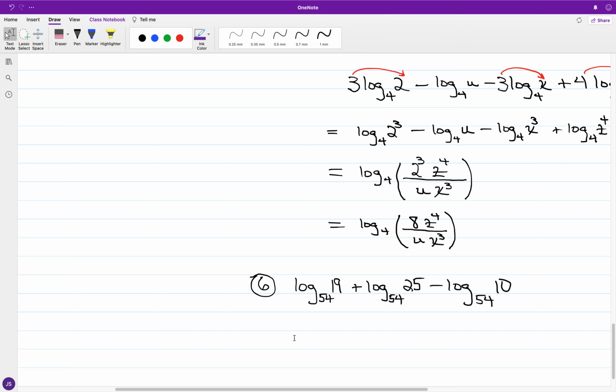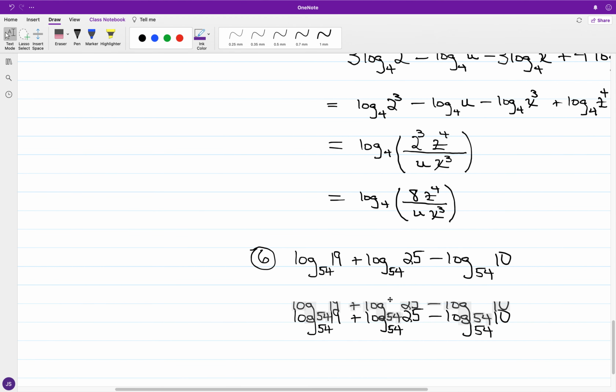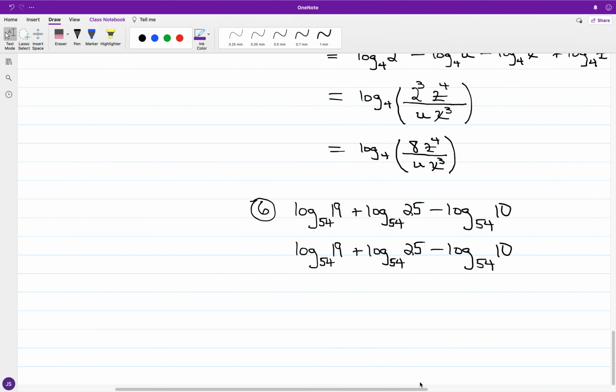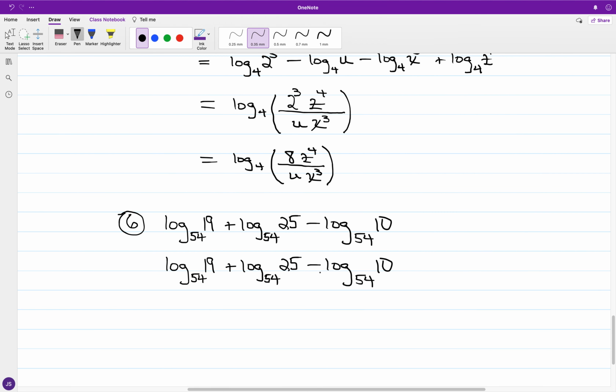Okay, with these terms, addition is going to imply multiplication, and subtraction is going to imply division. So 19, 25, and 10, none of those terms will be multiples or integer powers of 54. So what we can do here is go ahead and consolidate as a single base 54 logarithmic term.